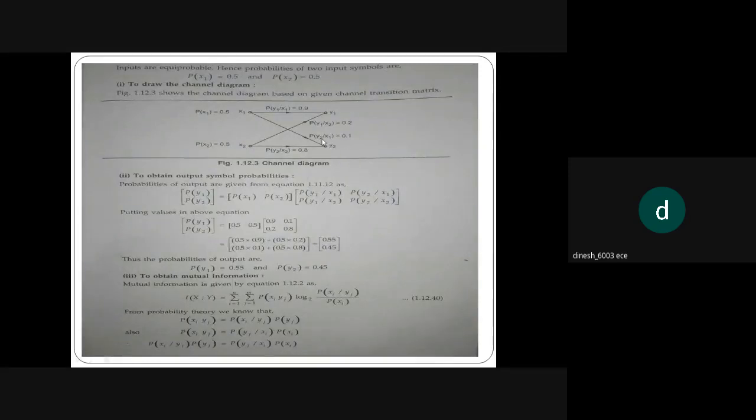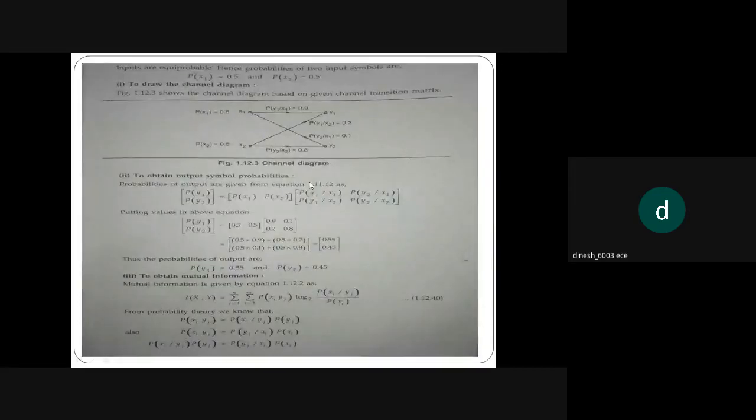So now the challenge is how to draw the diagram. I think somebody asked the same doubt last week, how to draw this binary symmetric channel. If you had listened at that time, this would be much easier. Since we have two inputs, x1, x2, and two outputs, y1, y2: P of y1 over x1 is 0.9, y2 over x1 is 0.1.